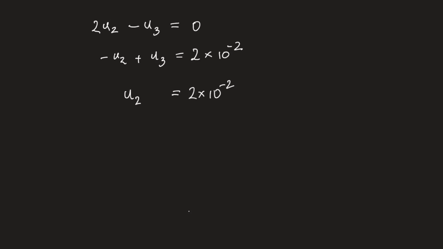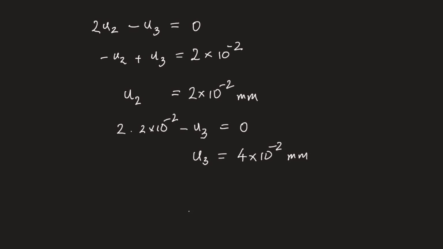To get the value of u3, we substitute the value of u2 in the first equation. So we get 2 into u2, which is 2 into 10 raised to minus 2, minus u3 is equal to 0, which gives u3 equal to 2 into 2, that is 4 into 10 raised to minus 2. The units are in millimeters.